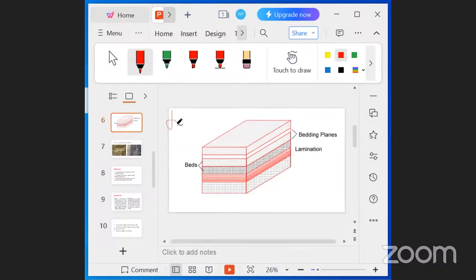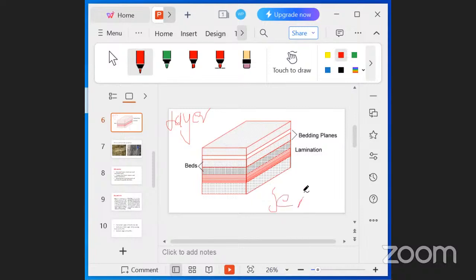Now, layering. What is layering? It is developed in rocks due to the deposition of sediments and rock materials and minerals.